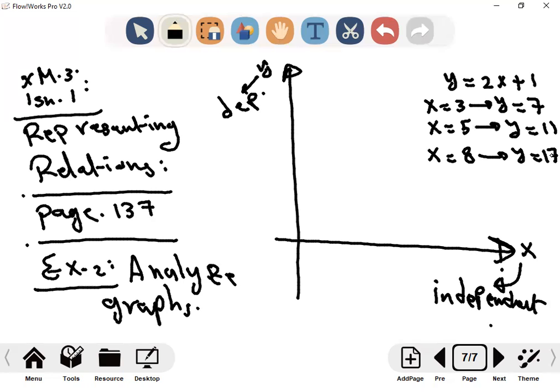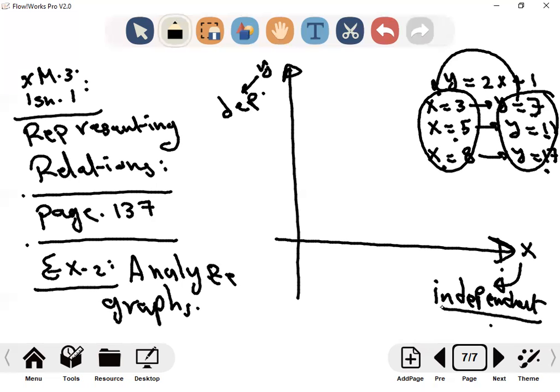It means the values of y depend on the values of x. You won't get 7 if you don't have x equal 3, you won't get 11 if x is not 5, and you won't get 17 unless x is 8. That's why we call x independent.